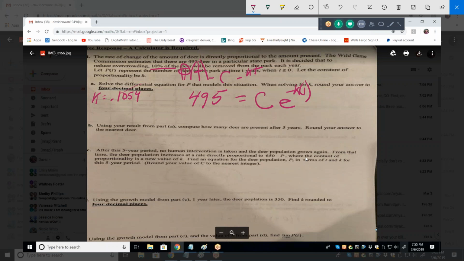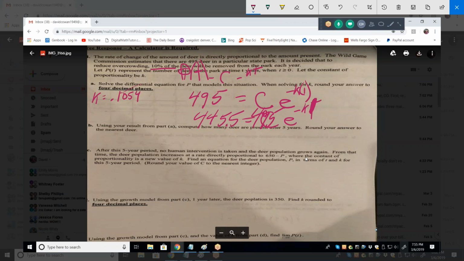He set the equation equal to 445.5 deer at year 1 because that's a 10% decrease. Yeah, and that's based on a t of 1, and then the C of 495. Okay, that makes sense how he did that.